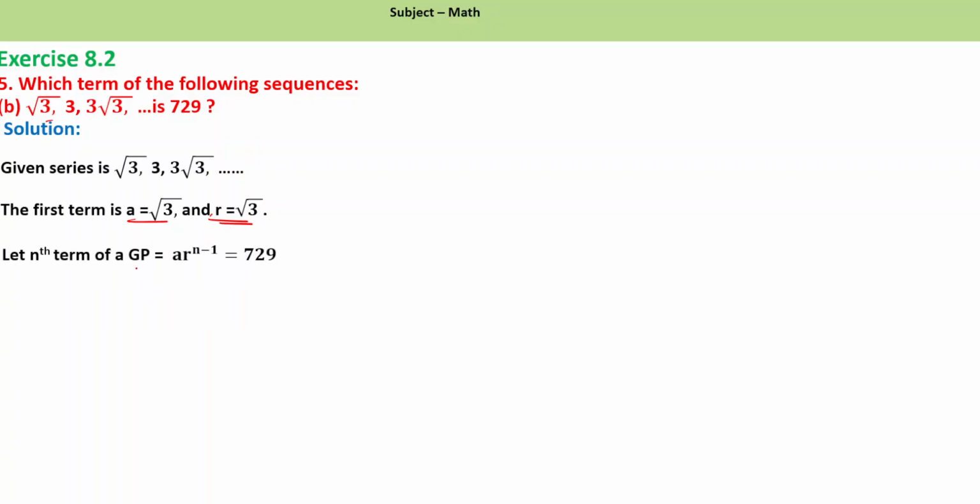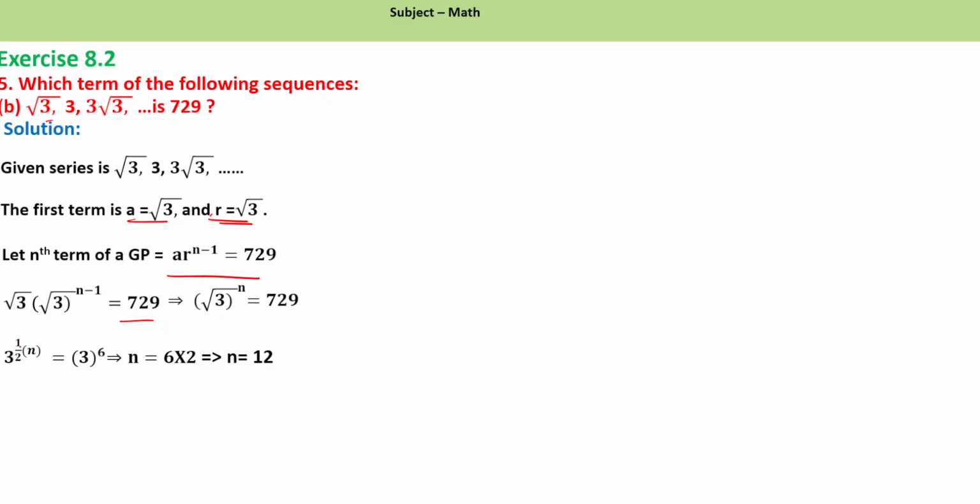Let the nth term of the GP, A into r power n minus 1, be 729. Let us substitute r as root 3 and A as root 3 in this one. Then we can write the nth term as root 3 into root 3 power n minus 1 is equals to 729. So here we can write this as root 3 power n is equals to 729.